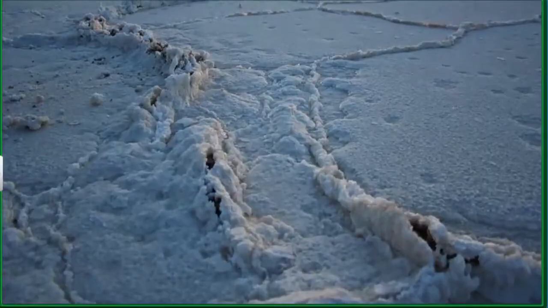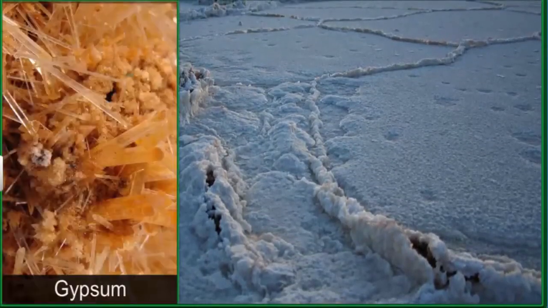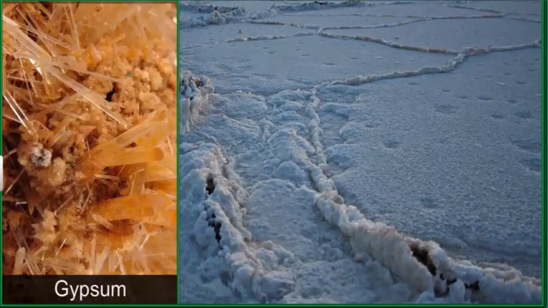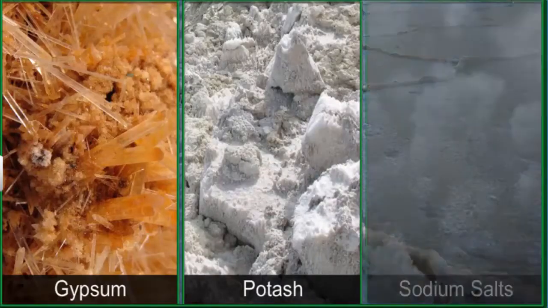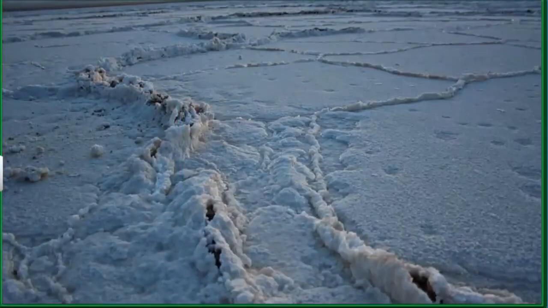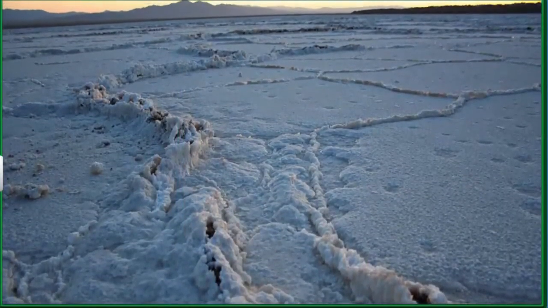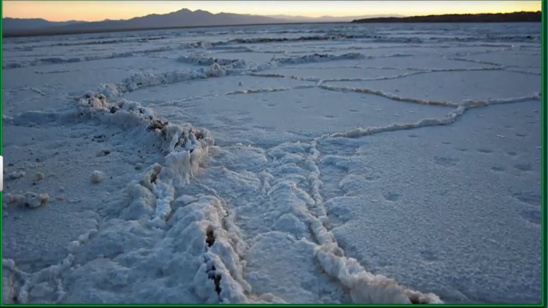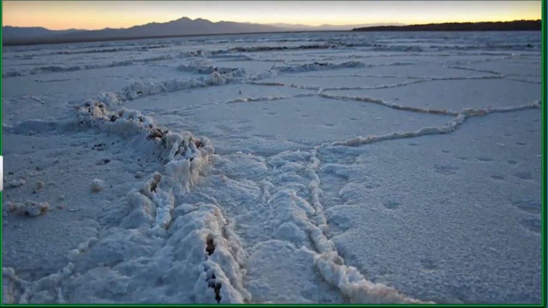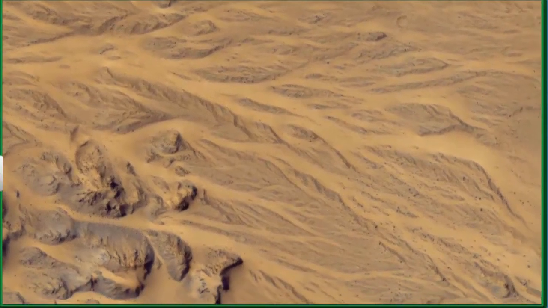We also come across vast beds or layers of minerals like gypsum, potash, and sodium salts. These beds are created when mineral-rich water evaporates, leaving the minerals behind. We may not always have to dig very deep into the Earth's crust to find minerals.